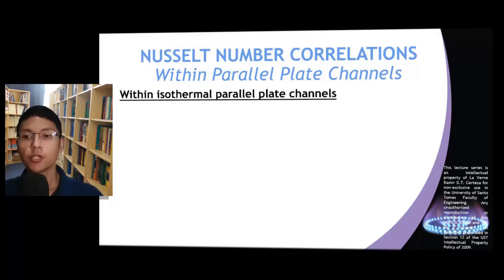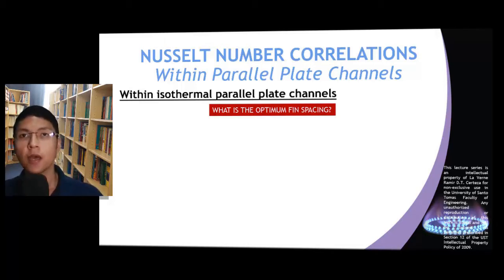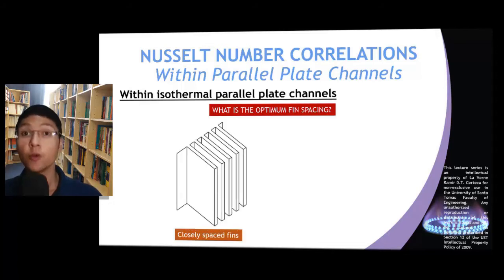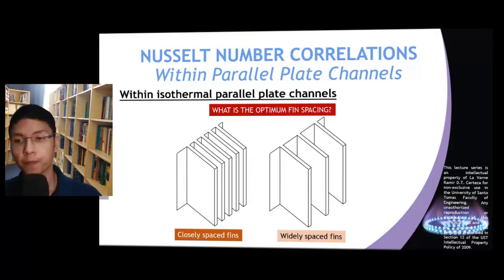One interesting question that is always raised when we talk about heat transfer from finned surfaces is what should be the optimum fin spacing that can maximize the rate of heat transfer from the finned surface. Before we answer this, let us first look at the benefits and drawbacks of having closely spaced fins and widely spaced fins.